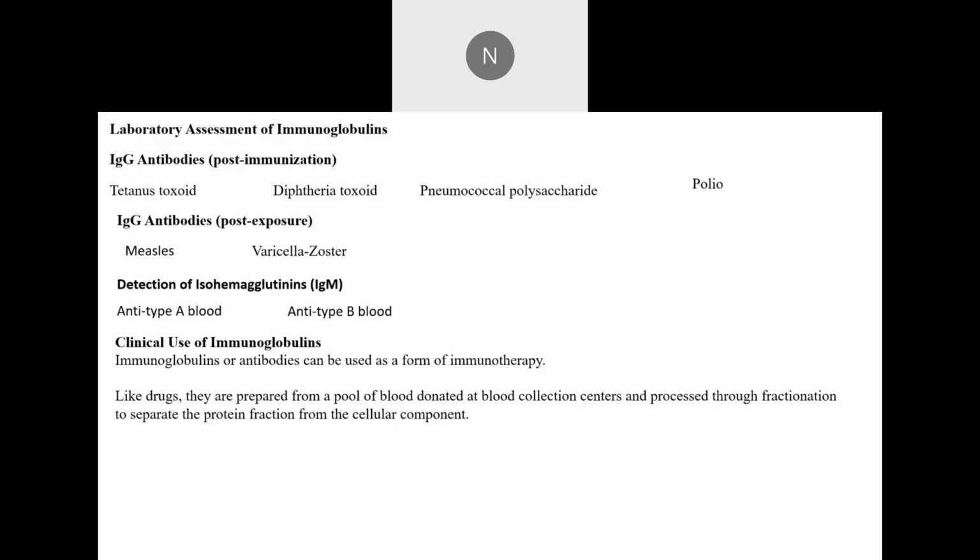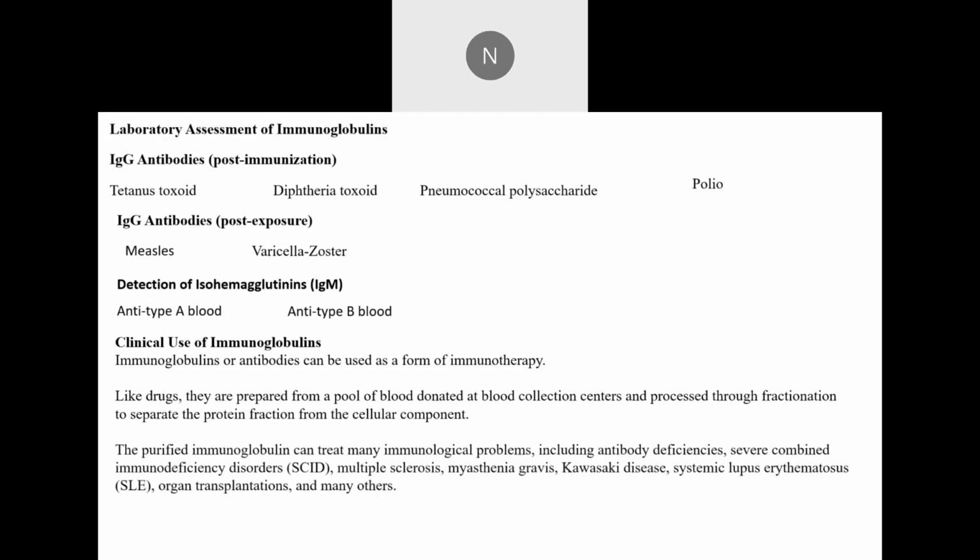Like drugs, they are prepared from pools of blood donated at blood collection centers and processed through fractionation to separate the protein fraction from the cellular component. The purified immunoglobulin can treat many immunological problems, including antibody deficiencies, severe combined immunodeficiency syndrome disorders, multiple sclerosis, myasthenia gravis, Kawasaki's disease, systemic lupus erythematosus, organ transplantation, and many others.